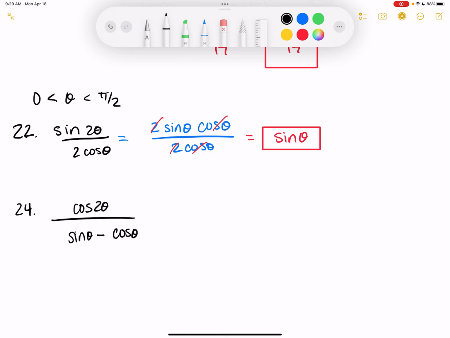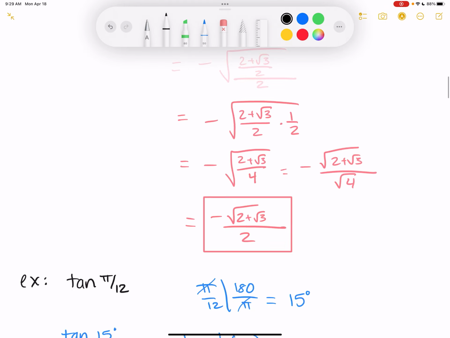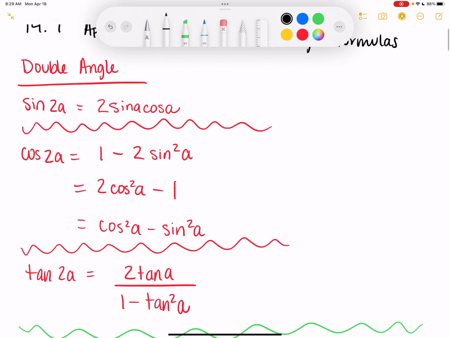Now, if your things are on a page where you can flip easily, then that's great. But I'm going to scroll up for just a second to go back. I want to look at something that looks similar. Okay, the bottom one looks similar. I can try to maybe factor something.